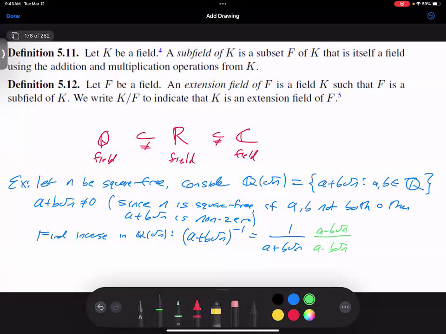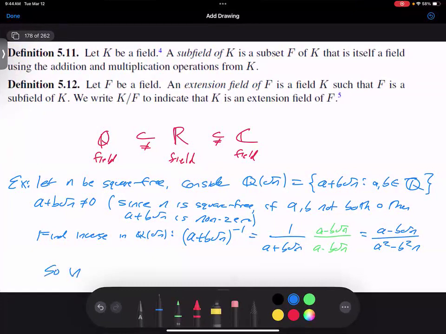I know what the inverse is, right? It's just 1 over my number. And so now when I do this, the numerator is a minus b root n. What's the denominator? So a plus b root n times a minus b root n, what would that equal? A squared minus b squared n. And so since n is square free, you can show that the denominator is not 0.